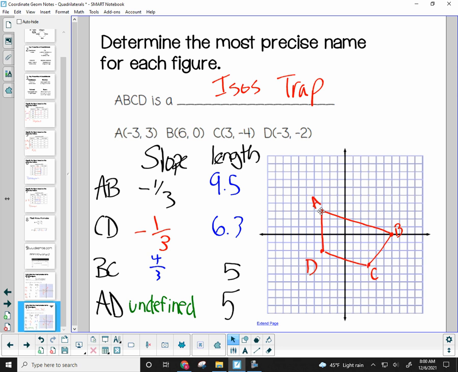I do expect you to graph them. I do expect you to create a table of some sort. Otherwise, you can't really confirm your answers. Okay, and then name whatever figure you think you have. Good? All right.